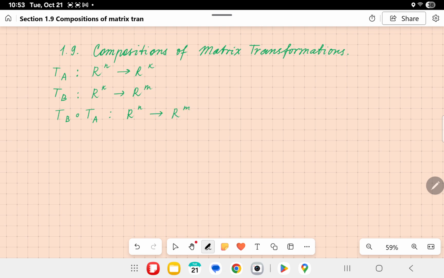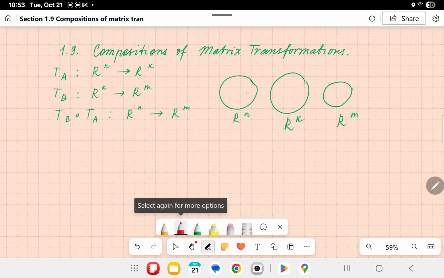Let me show you how it's going to look graphically and then how it's going to look as a matrix. So I'm going to have my first Rn, second Rk, and the third Rm.